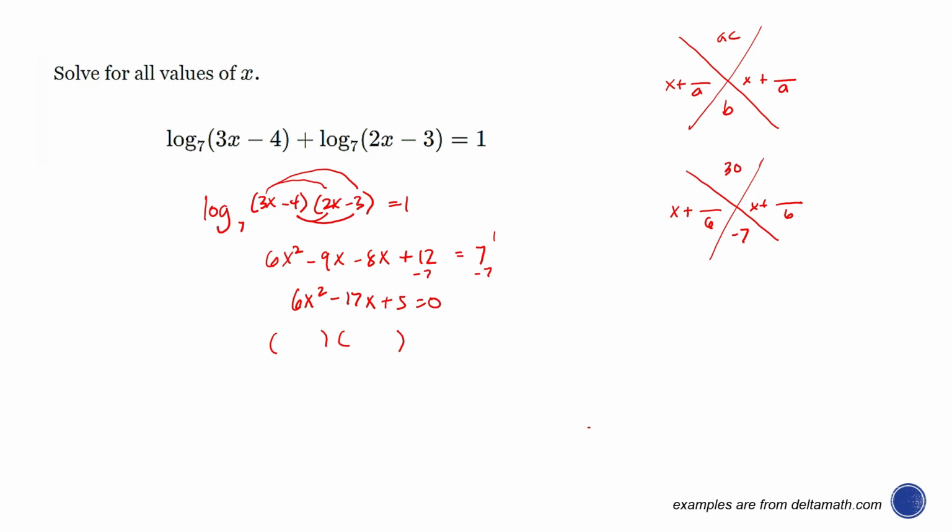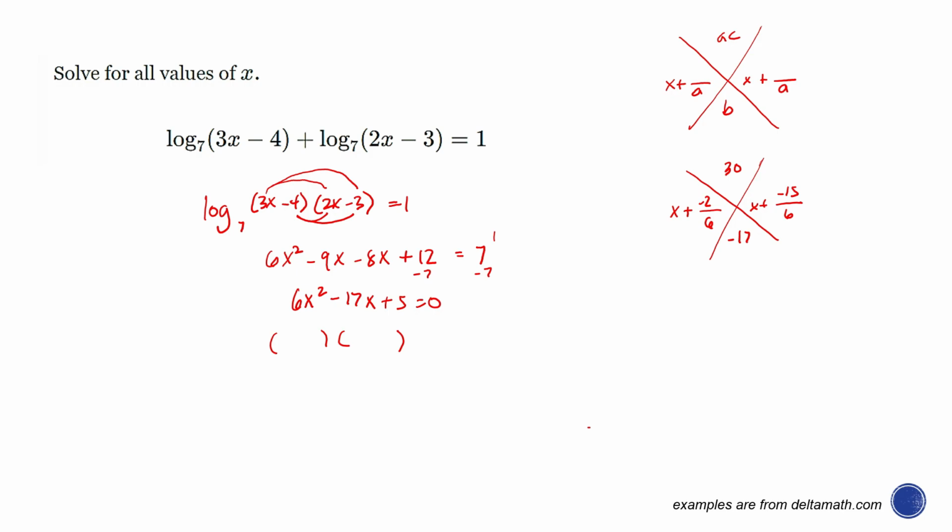Now the question is, what are two numbers that when multiplied the answer is 30, and when added the answer is negative 17? I'm thinking about 15 and 2. So negative 2 and negative 15, because that gives us positive 30, and if we add negative 2 and negative 15, that gives us negative 17.